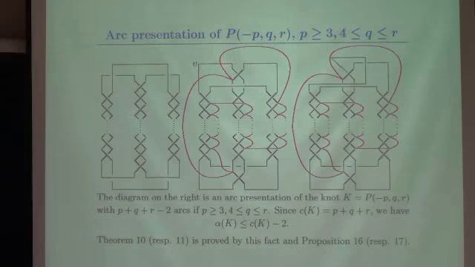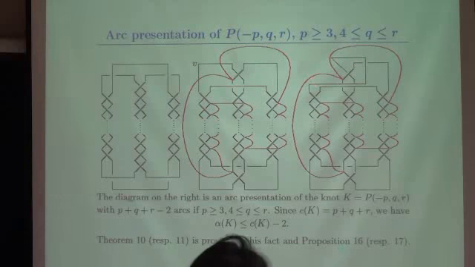To do that, we do isotopy on this part. We fold it over here, making more crossings, 1, 2, 3 crossings, and then this intersection disappears.